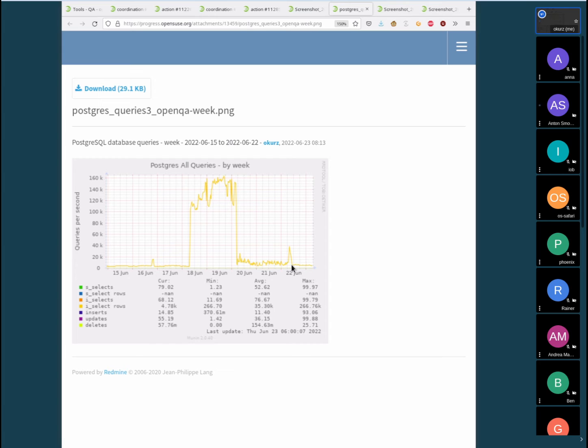Yeah? Sorry, can you elaborate what does it mean, vacuum a table? Think of a table which has many rows, and then you add more rows, and then sometimes you delete rows in between, which we do with openqa jobs, right? So you will have some holes in the middle.